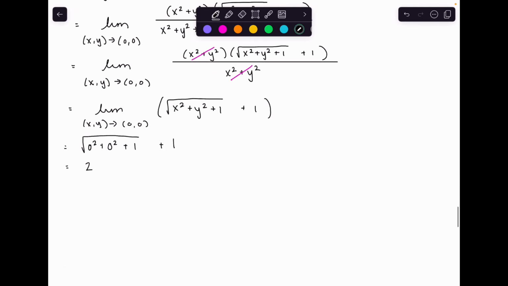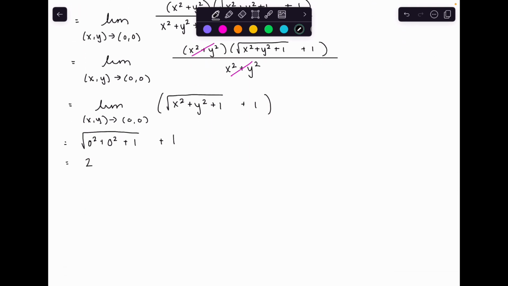Let's try one more, and this is the not as nice one. So it is going to end up being our squeeze theorem problem. But again, you might not recognize it is a squeeze theorem at first.